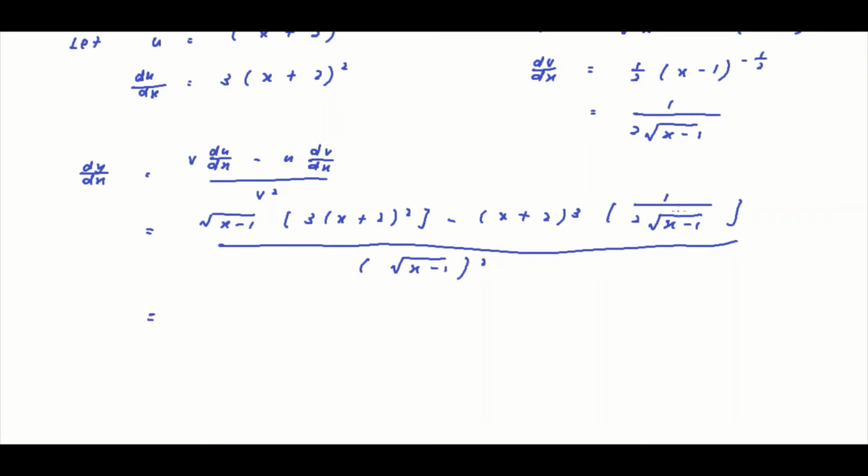You can realize that there's another fraction in the numerator part. So you might need to combine them together, then after that bring it to the denominator part. So the front part here, how are you going to combine with this? You might need to multiply by 2 square root of x minus 1 as well.